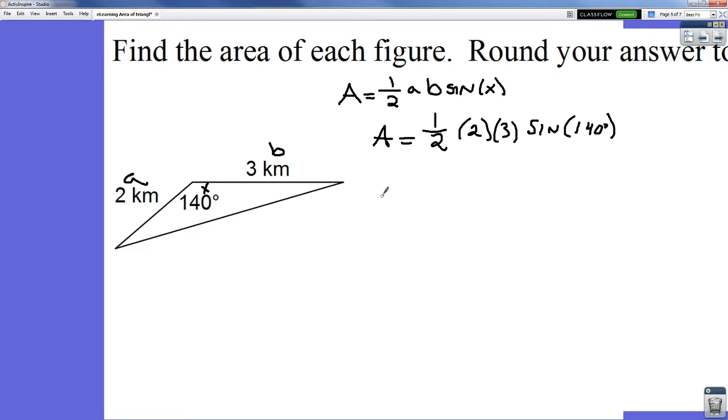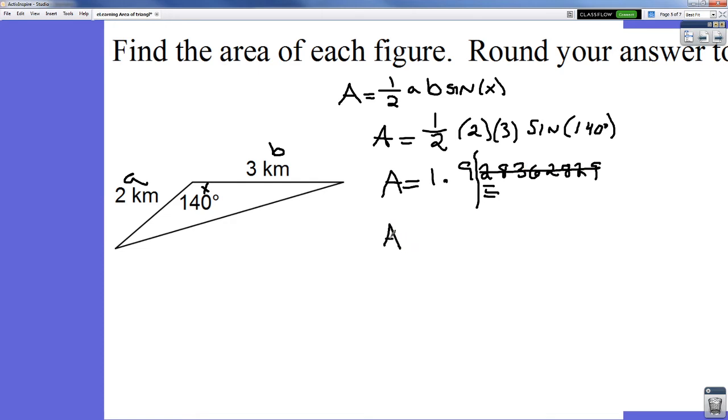And your area is 1.928362829. And again, they say round to the nearest tenth. So we're going to look, that's a 2. This whole mess goes away.